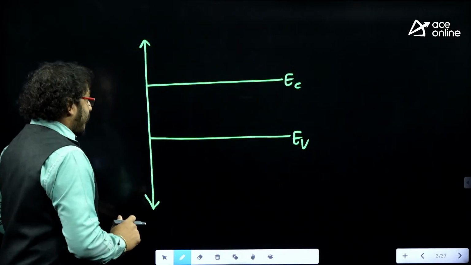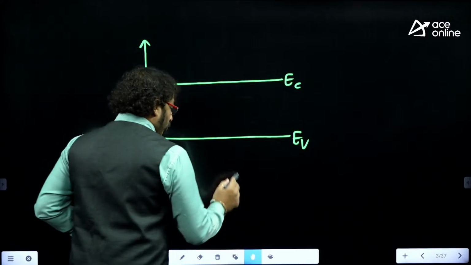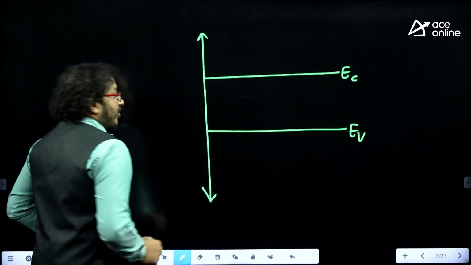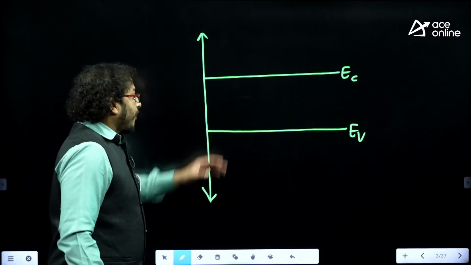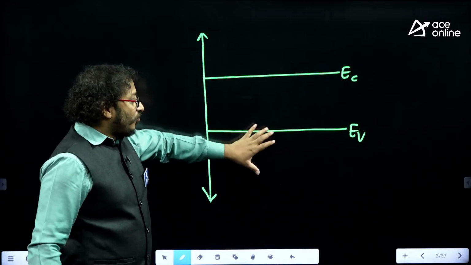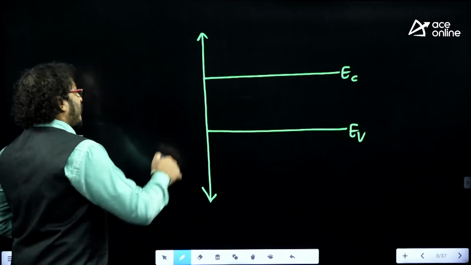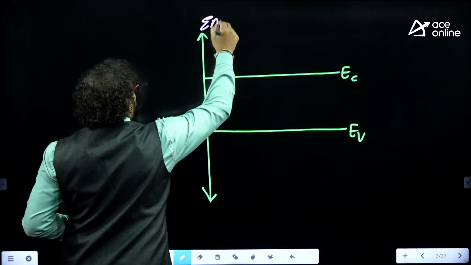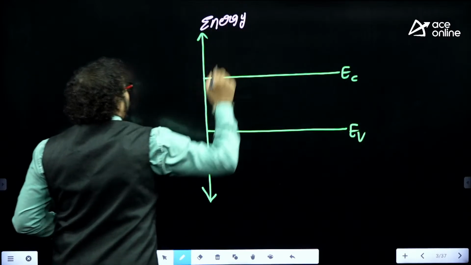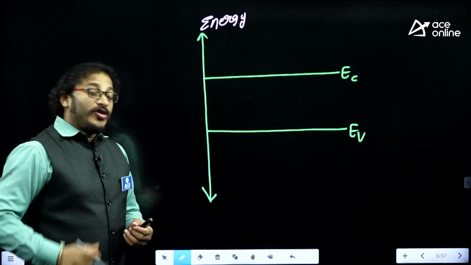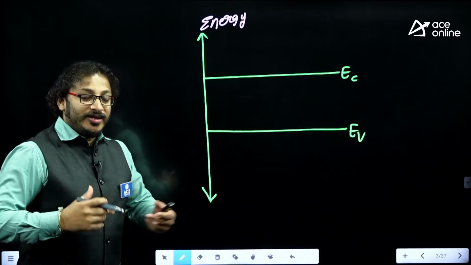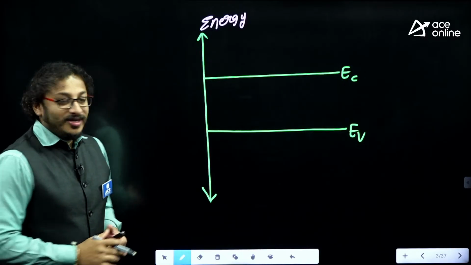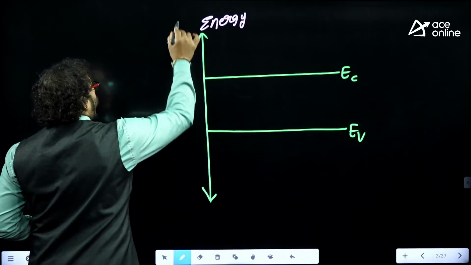One more prerequisite you need to recollect before drawing this: let me say this is our conduction band, this is the valence band, and the y-axis represents the energy of the particle. We know this from electronic devices, which we studied a lot in class.